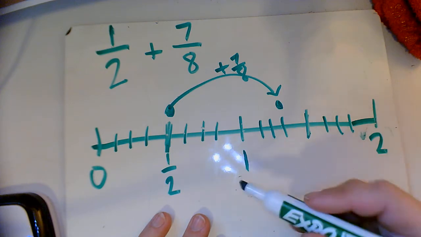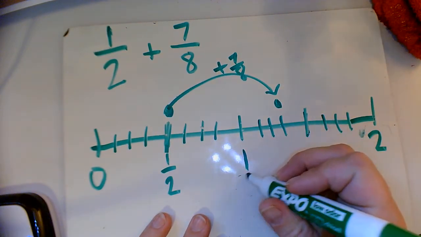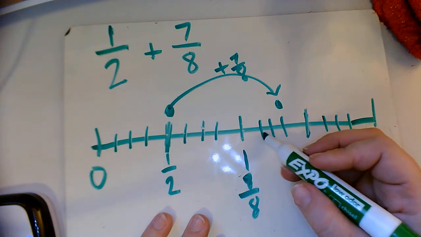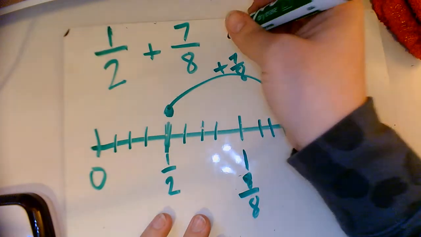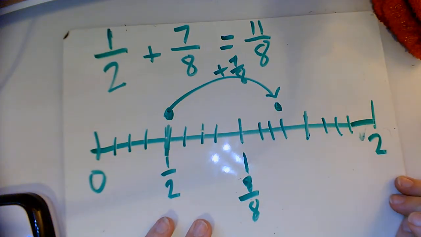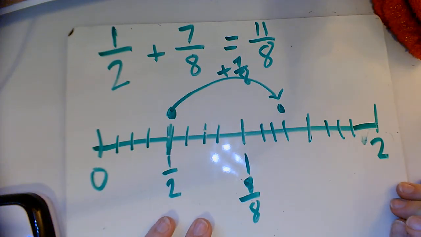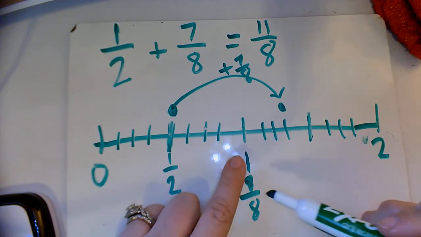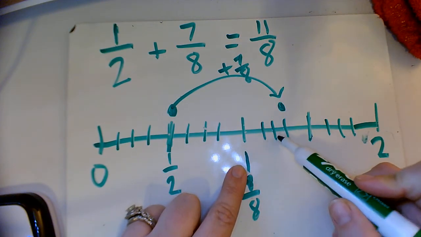So what did we land on? Well, I know that 1 is equal to 8/8. So there's 8, 9, 10, 11. 11/8. Okay, and remember we can convert that, or we can just look at this and say, well, here's 1. So there's 1 and 1, 2, 3.